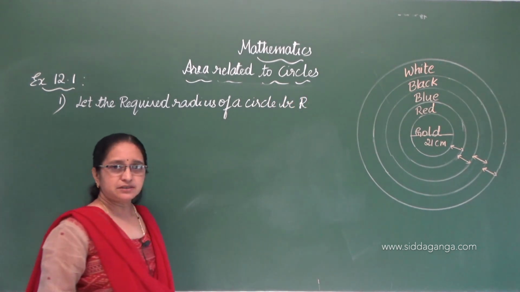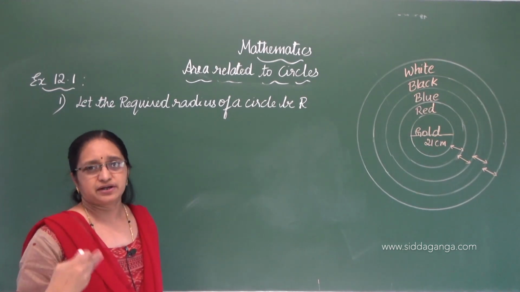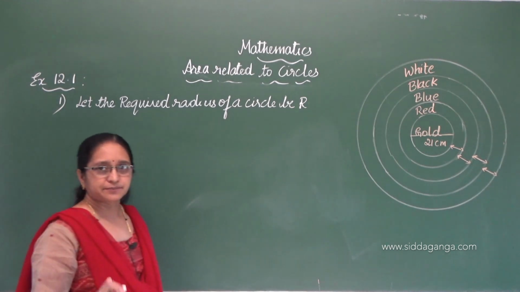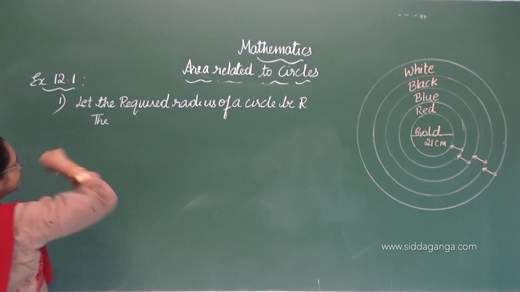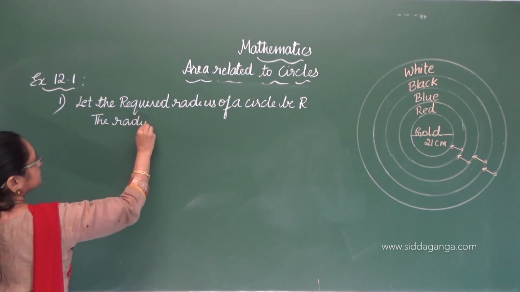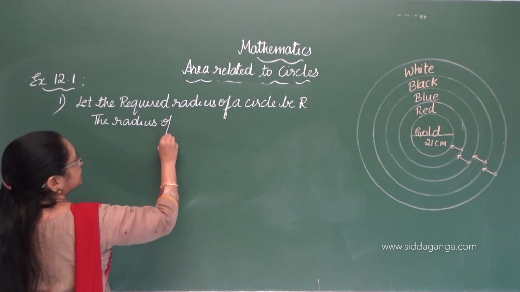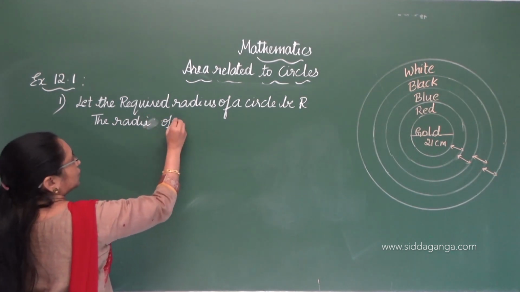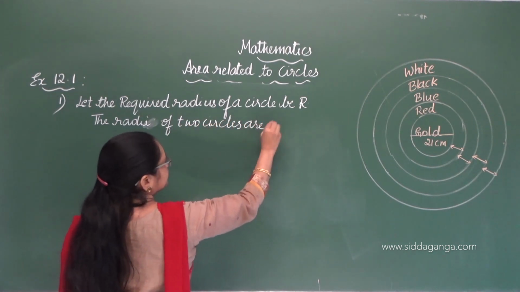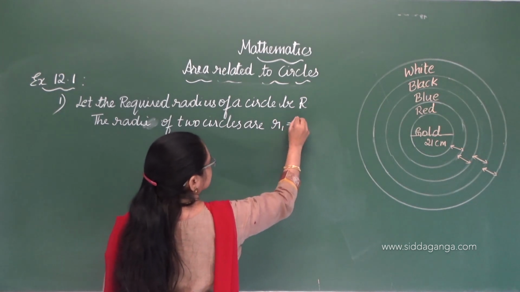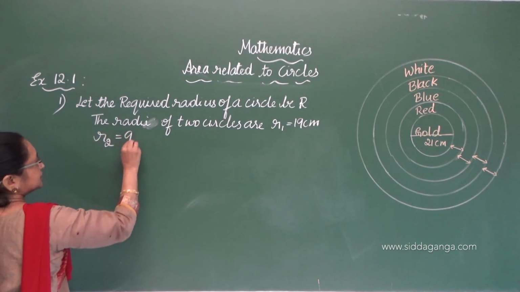So I will take it as capital R. The required radius means the radius of the circle which you need to find out, that is the other circle. Now the radii of two circles are, let us take R1 as 19 centimeter and R2 as 9 centimeter.